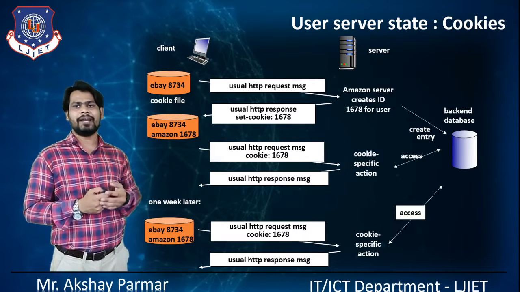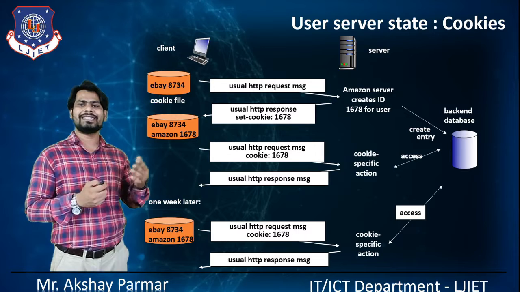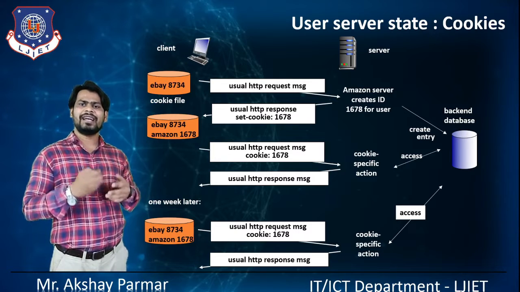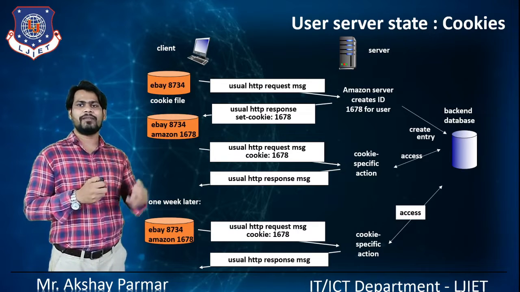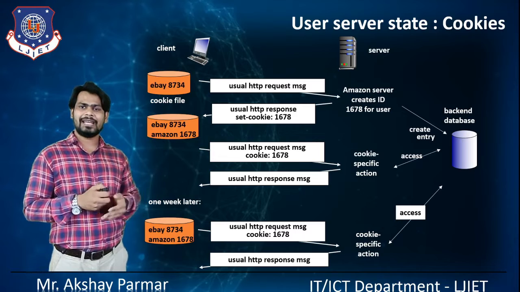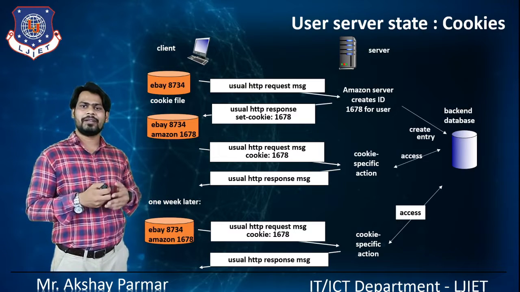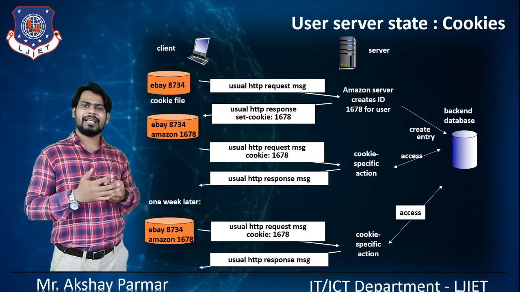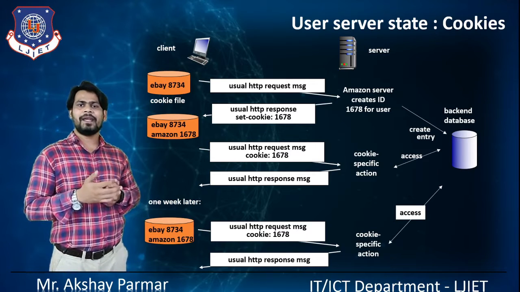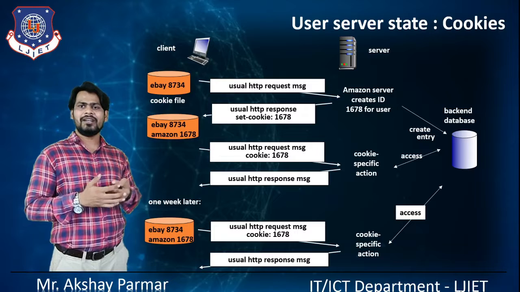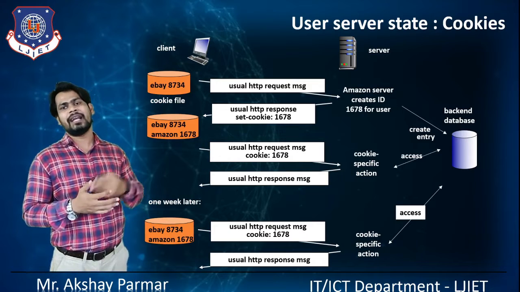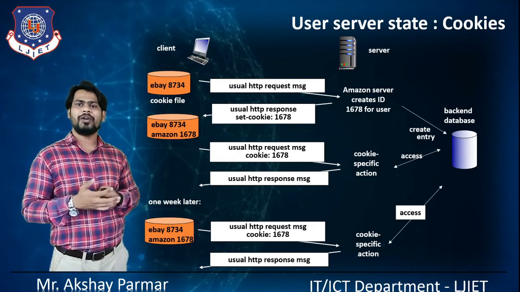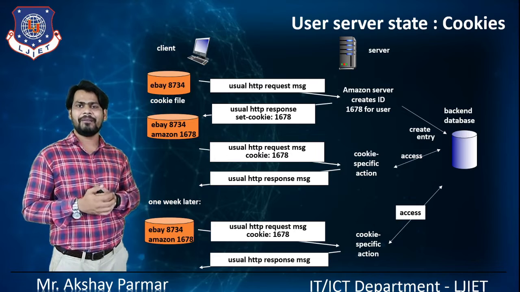So for Amazon it has 1678. With the help of that 1678 cookie stored on the client side, it sends a request message with the cookie 1678. After getting the cookie, the server takes an action, and that's how the user gets the usual response from the server.